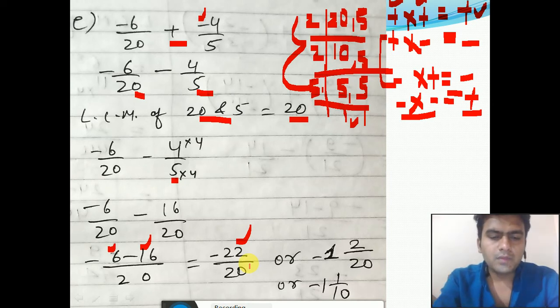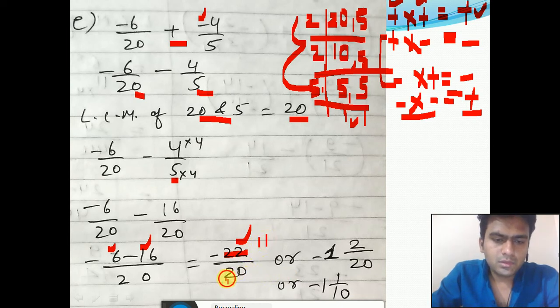So 20 1s are 20 plus 2 is 22, and we can simplify this: 2 1s are 2, 2 1s are 2, and 2 1s are 2, minus 11 upon 10, and this 11 upon 10 we can write as 1 complete 1 upon 10, and the sign minus.